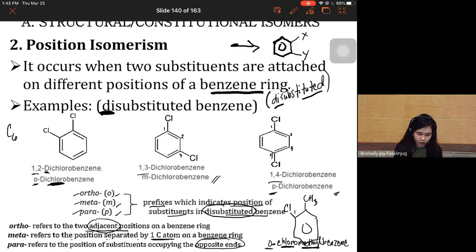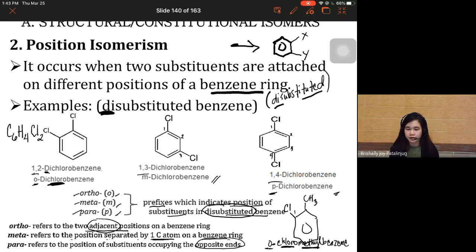The hydrogen left here is only 4 na lang, kasi yung dalawang hydrogen has been replaced with 2 chlorine. So, C6H4Cl2, yan yung molecular formula ng tatlong structure na yan being presented.